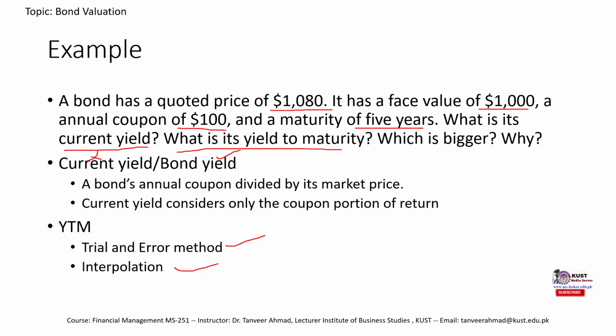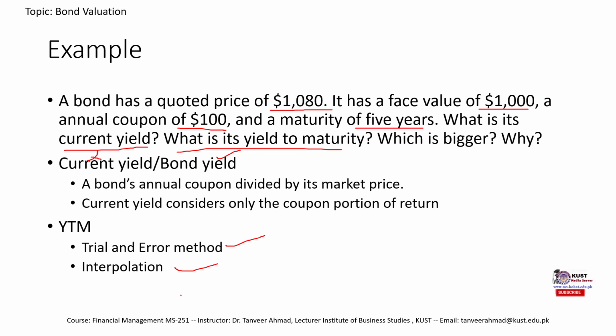The similar is the case with the YTM. To find the YTM, we have a trial and error method and we have the method of interpolation. So let's move towards the solution. First we will discuss the trial and error method, and then we would look into the interpolation method.